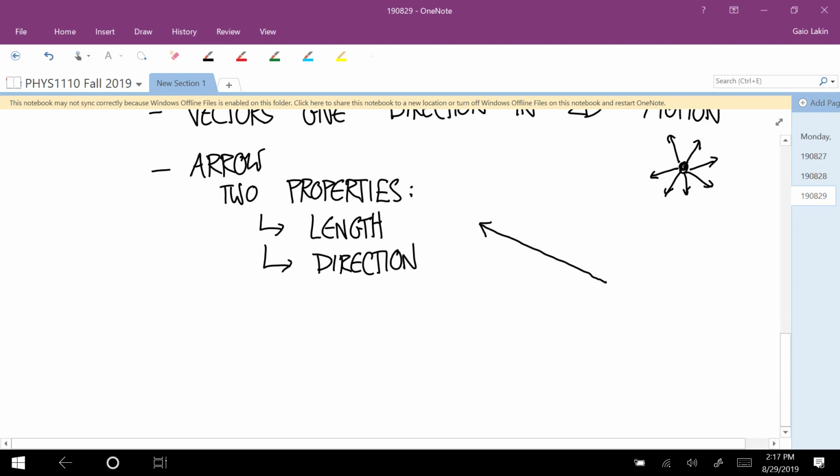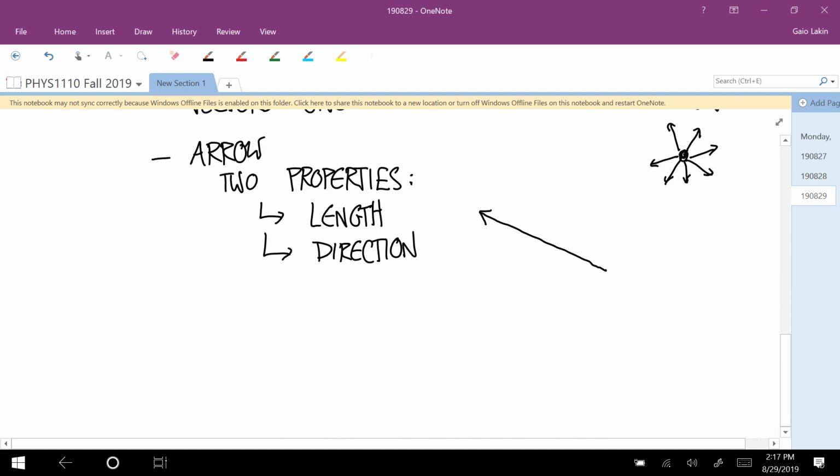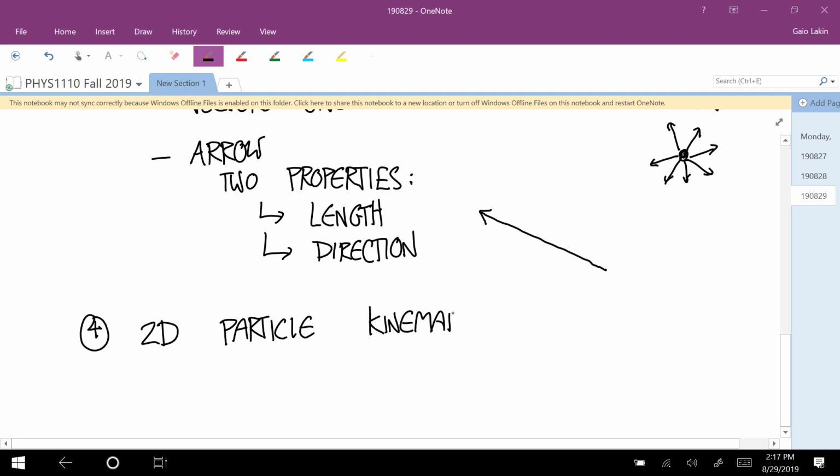And once we're done defining vectors and learning how to do math with vectors, then we'll get into two-dimensional particle kinematics. So now you can think of objects as having a lot more freedom to move in different directions.